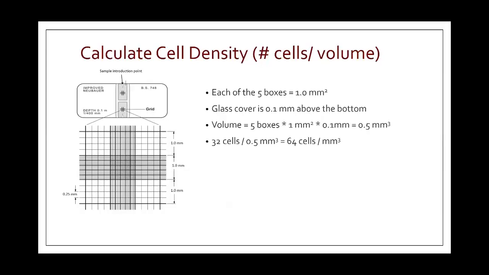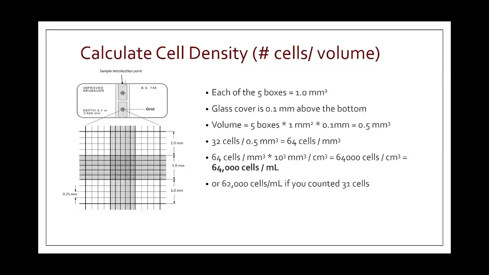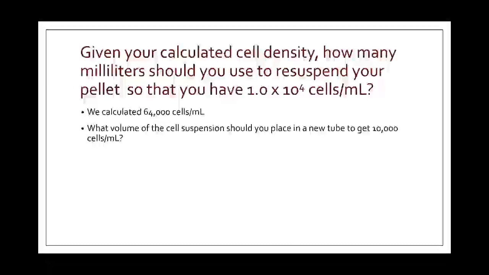You counted 32 cells, and in the volume of all 5 boxes, that gives us 64 cells per millimeter cubed. If we convert to more meaningful units, making sure your units work out, you would calculate 64,000 cells per mil, or 62,000 if you decided to only count the 31 cells.